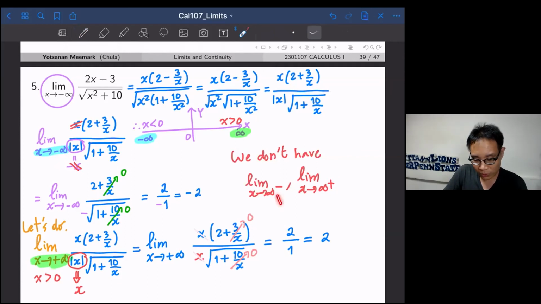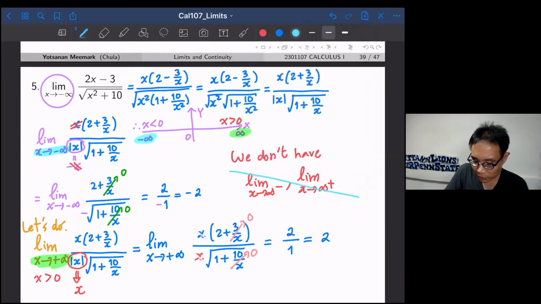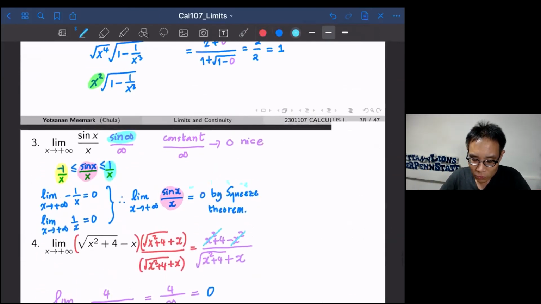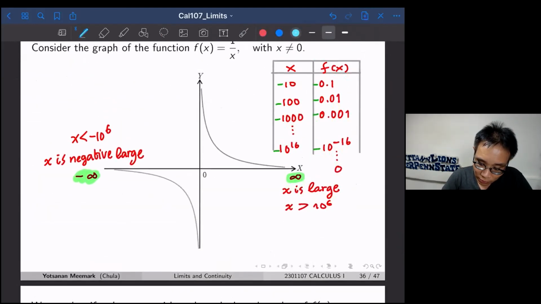It's not a superscript. So we don't have these two, so don't be confused. We have the limit as x goes to negative infinity and the limit as x goes to positive infinity. This will allow you to conclude about the horizontal asymptote.